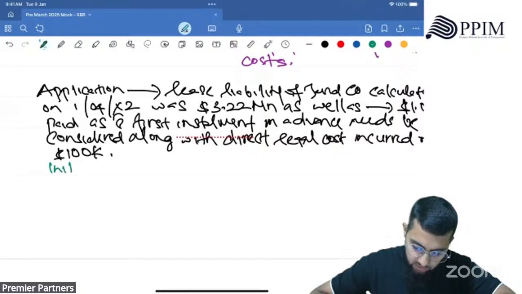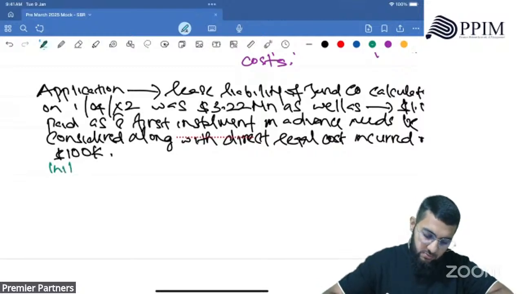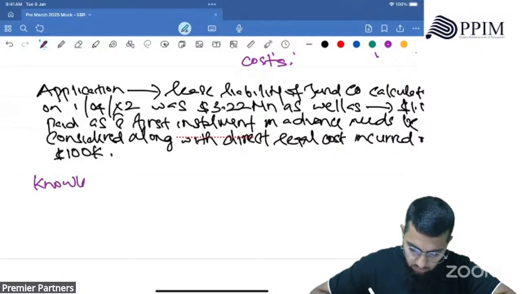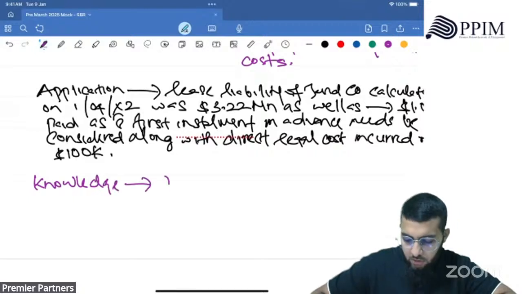Initial measurement. Then you bring in the knowledge of subsequent measurement.